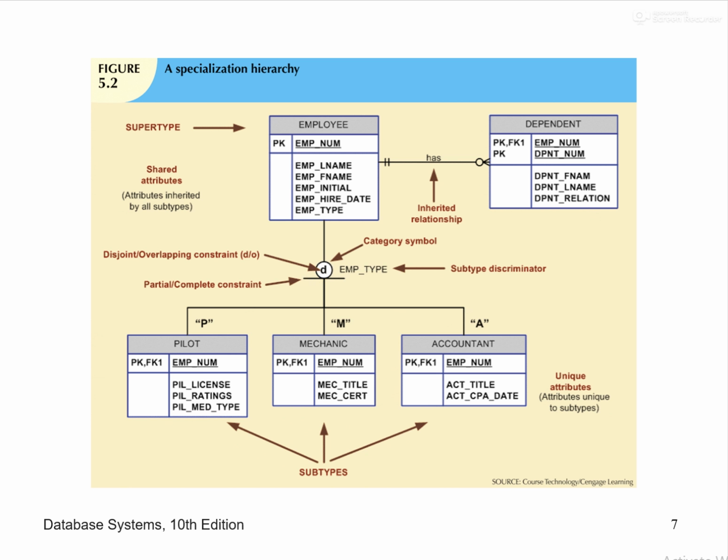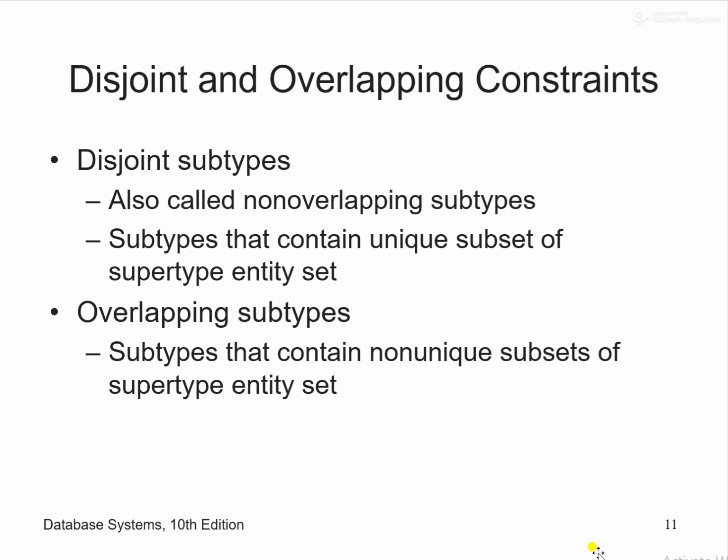Okay, now what is an overlapping subtype? Overlapping subtypes are those subtypes which contain a non-unique subset of the supertype entity set. Or we can say that each entity instance of a supertype may appear in more than one subtype. For example, if we take a university, a person may be an employee and a student, or both.